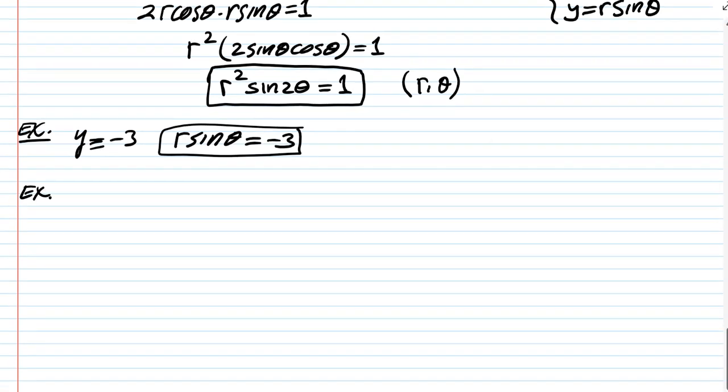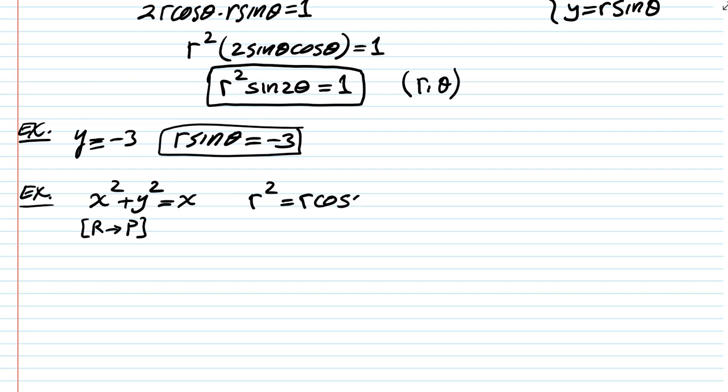Let's do another one, and this is the last one. Let's say my Cartesian equation is x squared plus y squared is equal to x. Now, we know x squared plus y squared is r squared. And again, for this one, we're going to go from a rectangular equation to a polar equation. So x squared plus y squared I replace by r squared, and x is r cosine theta.